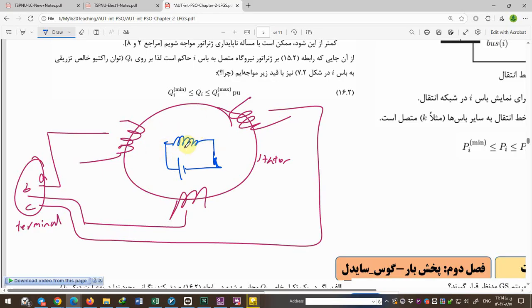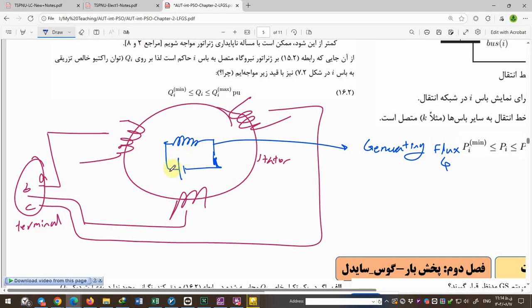And the role of the rotor is generating flux.